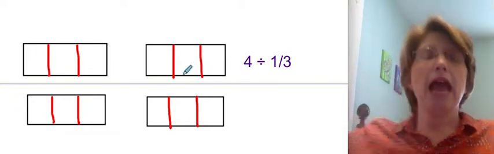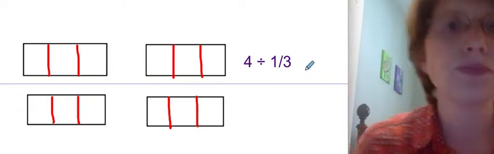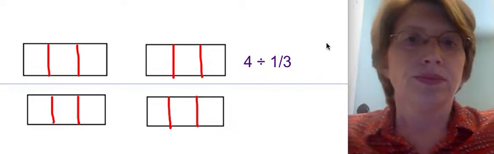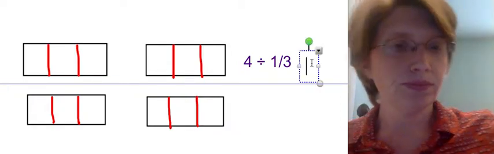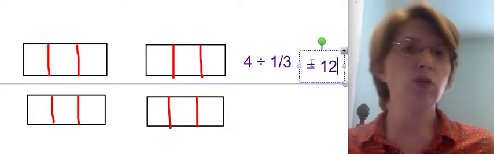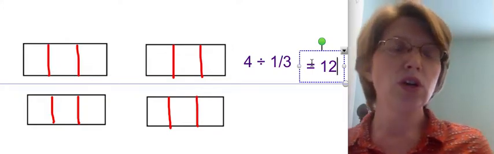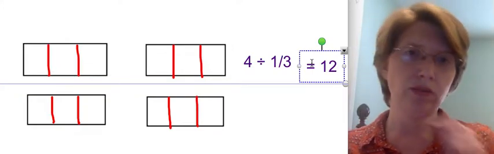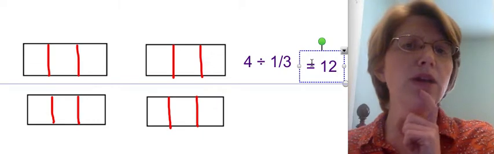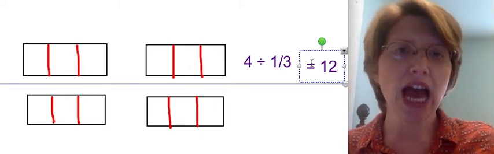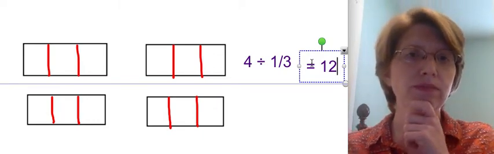Now, how many pieces do we have? We have 12 pieces, right? So 4 divided by 1/3 is 12. Now, here's my question. How could I have come up with 12?